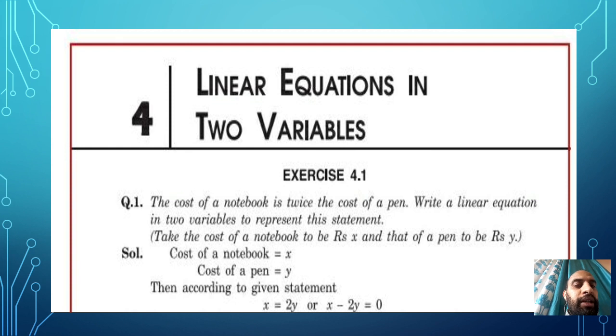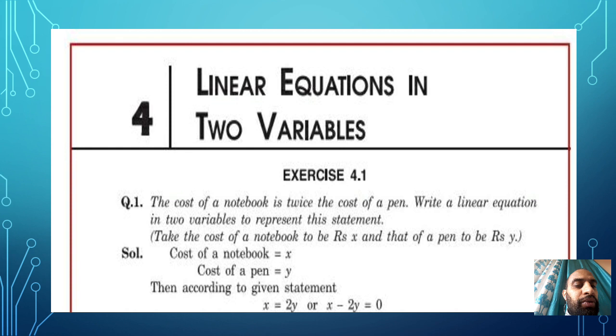It is given to take the cost of notebook as x and the cost of pen as y. Read the statement properly: the cost of a notebook is twice the cost of a pen. According to this statement, what does the word twice stand for? The cost of the notebook is more than the cost of the pen, and it is 2 times more. So we can write x equals 2y.